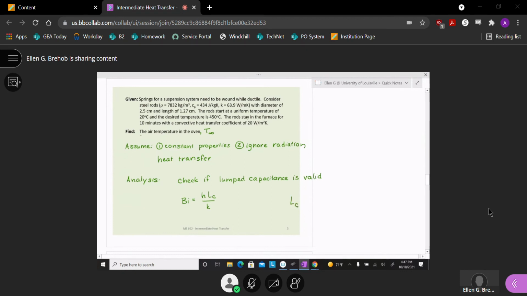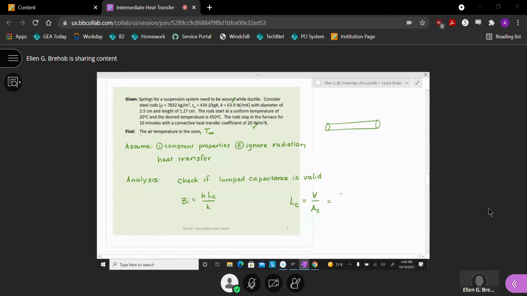And for some reason, I like to do this as a side calculation. We know heat transfer coefficient, right? Where is it? 20. And we know k. And we're going to use our general definition, volume over surface area. So where does it tell us? Diameter of 2.5 centimeters and length of 1.27. We're going to say we have this quite long rod.